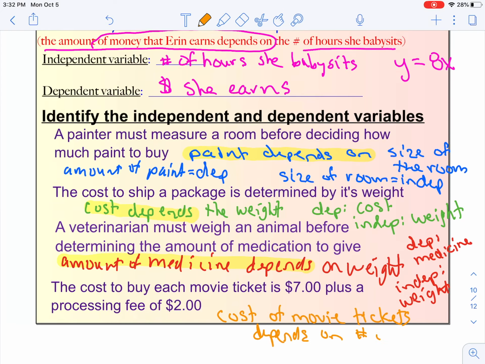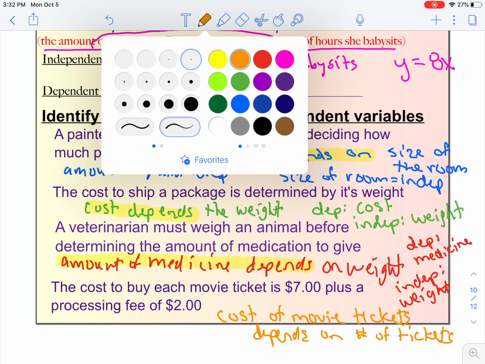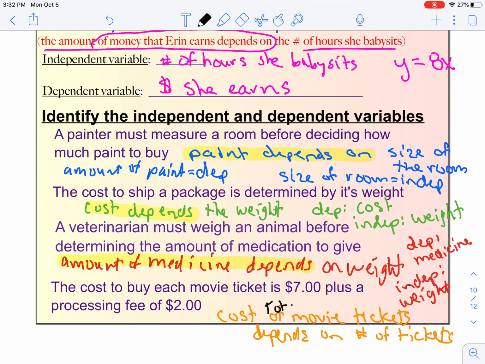It depends on the number of tickets you buy. And maybe it might be easier for us to say the total cost depends on the number of tickets you buy. So the total cost is our dependent variable. And our independent variable is the number of tickets.